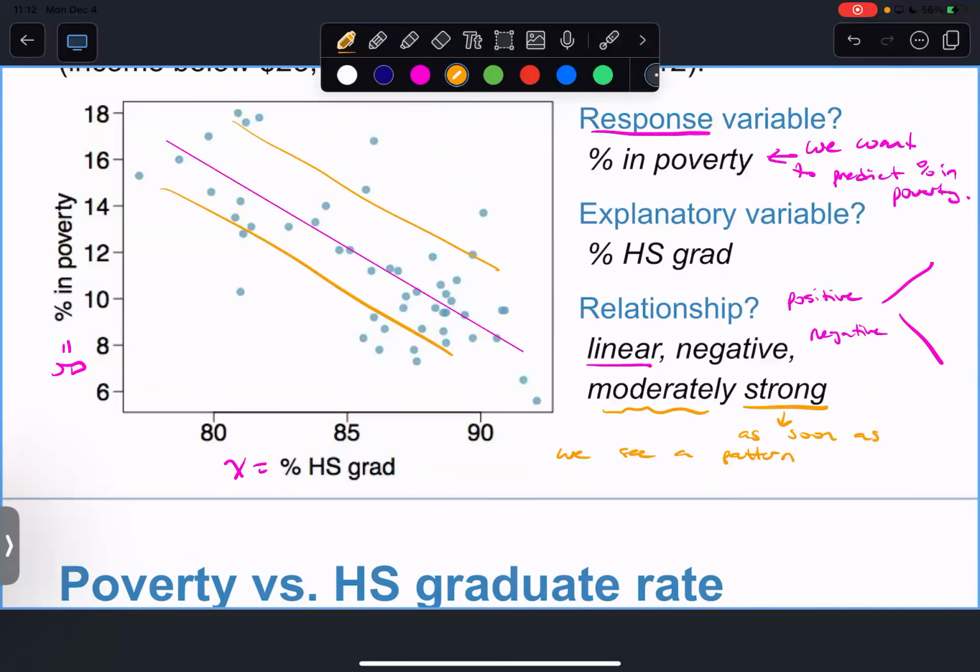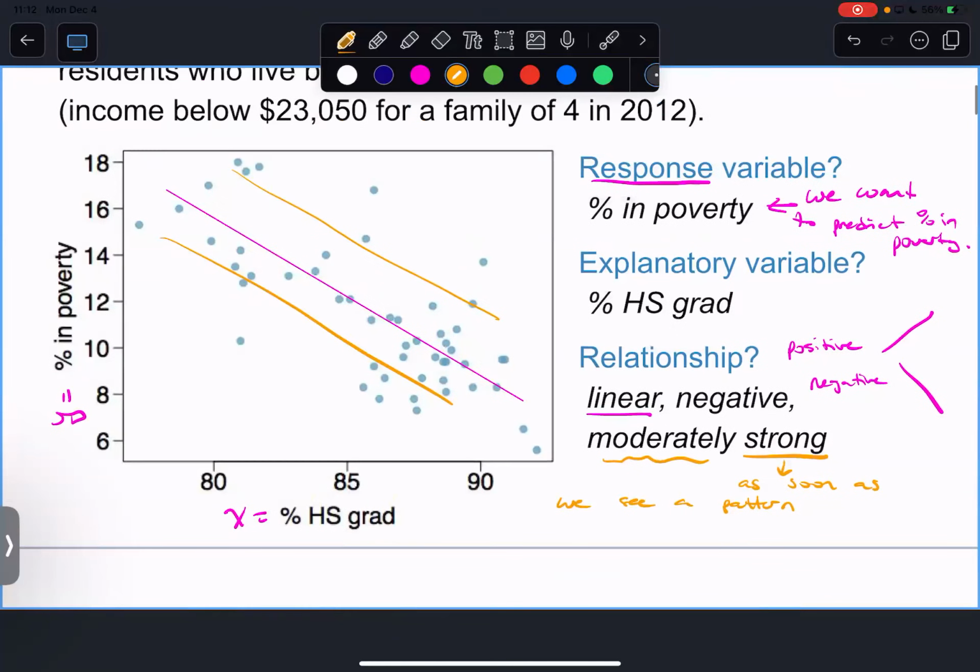In broad strokes, you're just kind of describing the relationship. Could we interchange moderately strong and strong in this case? Yeah. Is it all about opinion, or is there a certain? Yeah, depending on what field you're in.